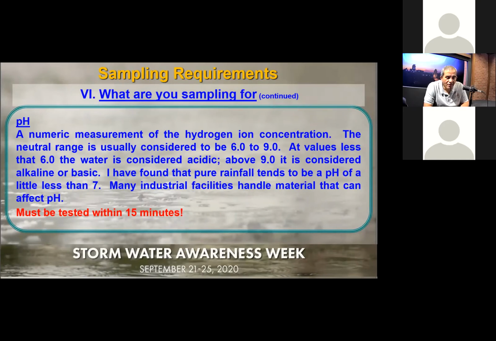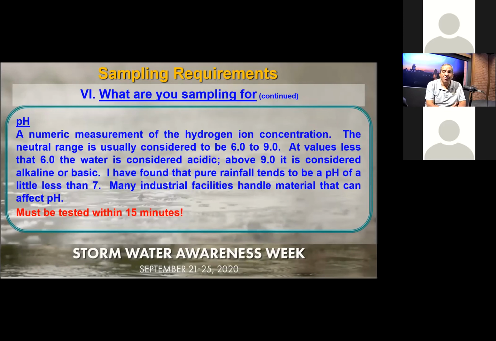So a state can make their permits more stringent than the federal, but they can't make it less stringent. Okay. So for example, a couple years ago for pH testing, the acidity of water or whether it's caustic or basic, they determined that the most accurate way is to test within 15 minutes of collecting your sample. So as of July 1st of 2015, it was required that everybody has to test for pH within 15 minutes of collecting your sample, which means most likely field testing.